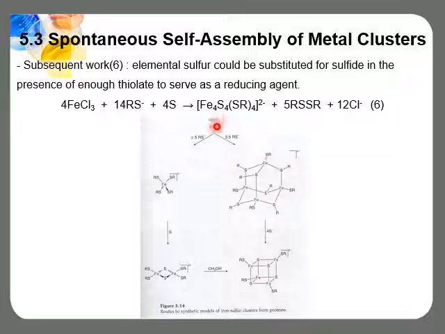You can see here the starting chemical was FeCl3, ferric chloride. And when there was excessive thiolate, first there comes an Fe-sulfur coordinate bond. Remember that here the alkyl should be bulky so that the iron-sulfur polymerization can be avoided. Then the addition of elemental sulfur makes the iron-sulfur cluster.